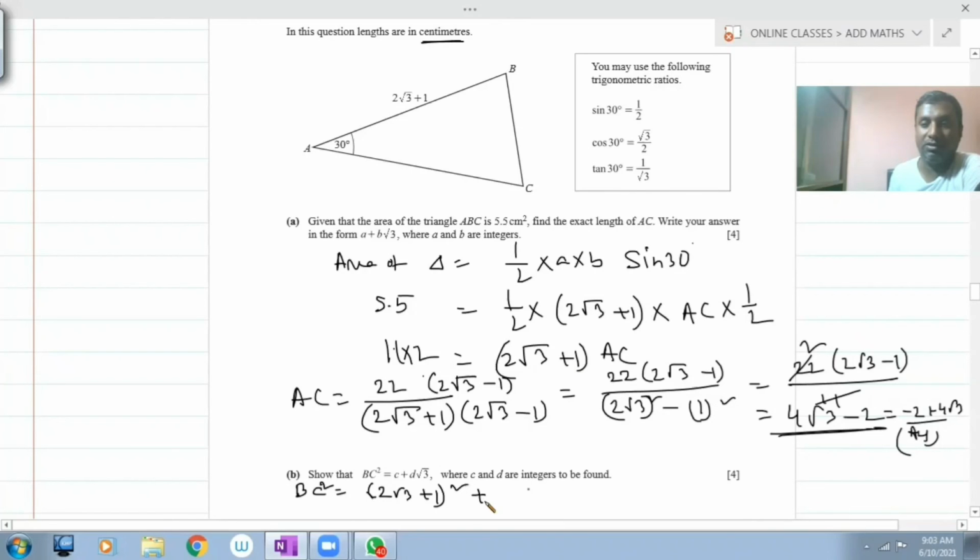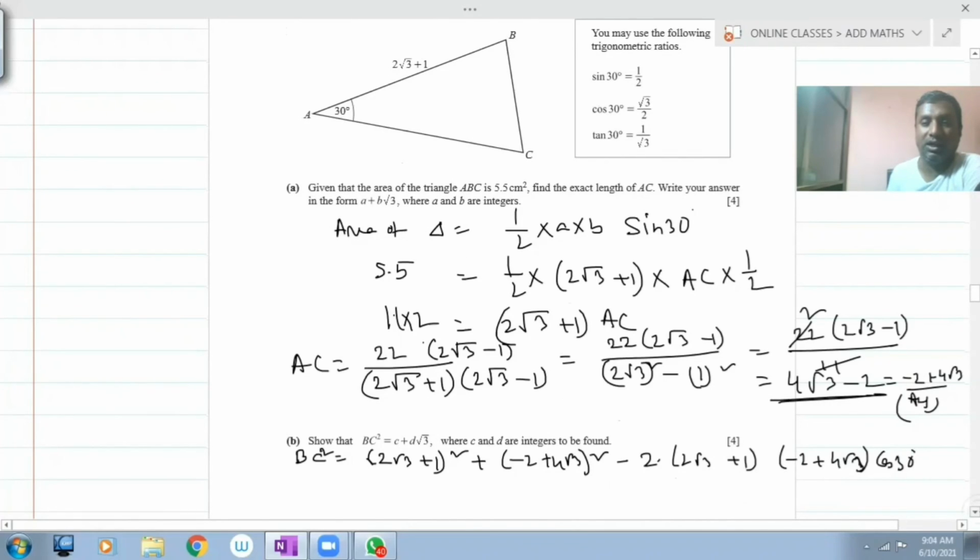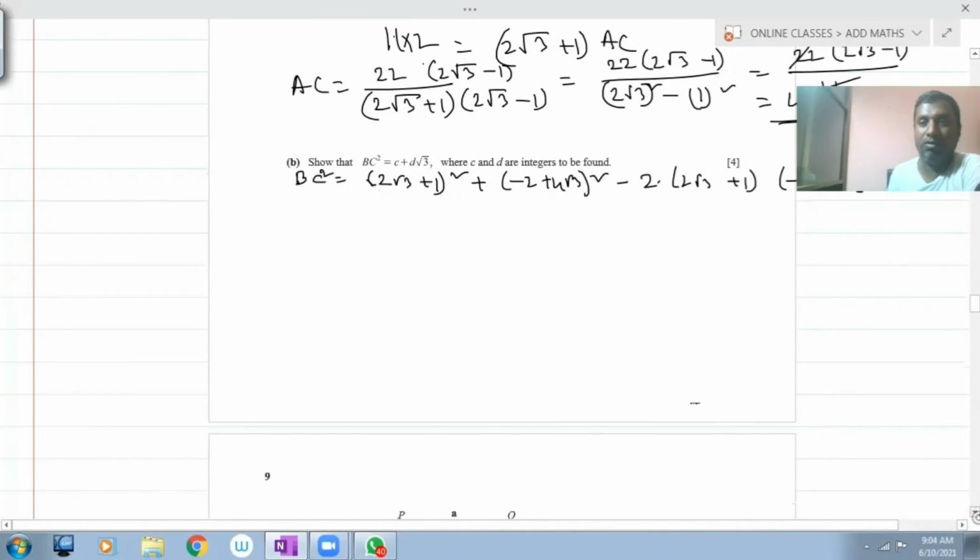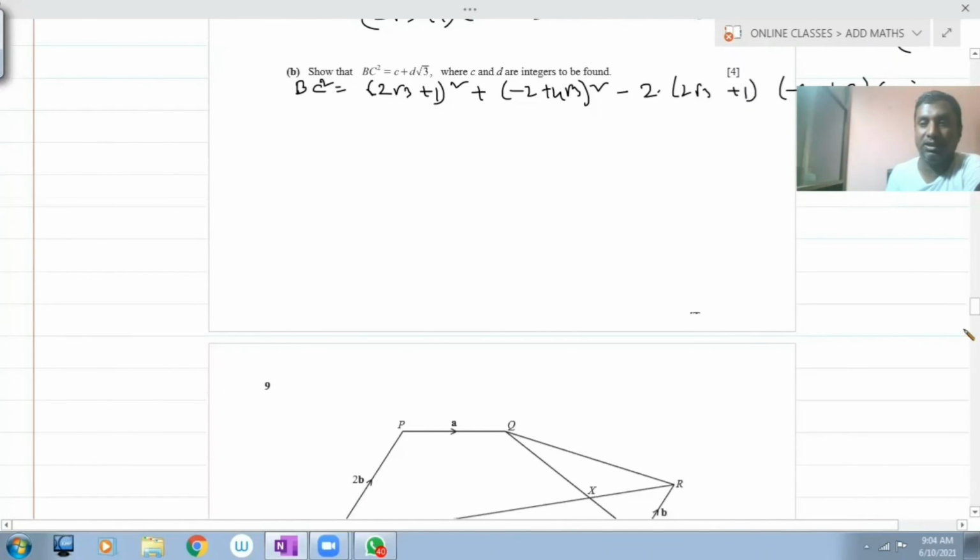So we can write here minus 2 plus 4 root 3 whole square, then minus 2 into AB, I mean 2 root 3 plus 1, into AC, minus 2 plus 4 root 3, into cos 30 degree.